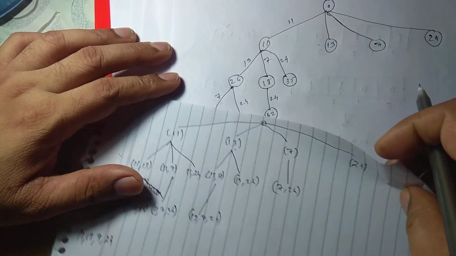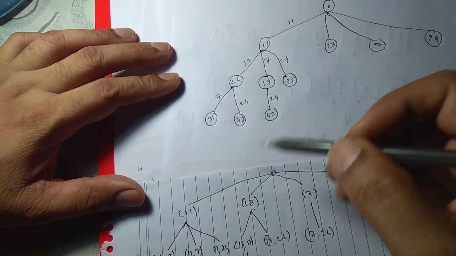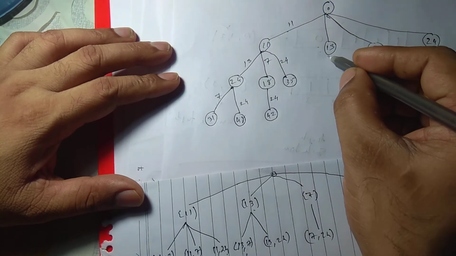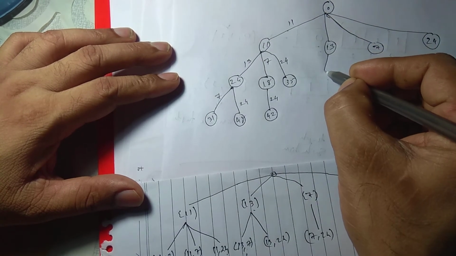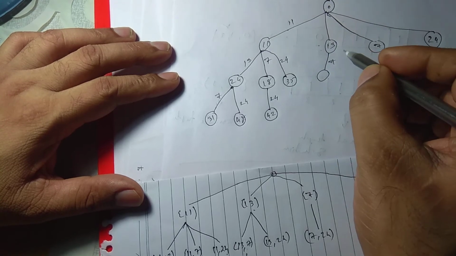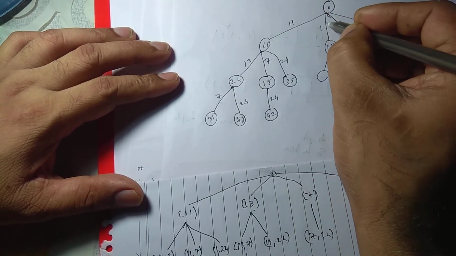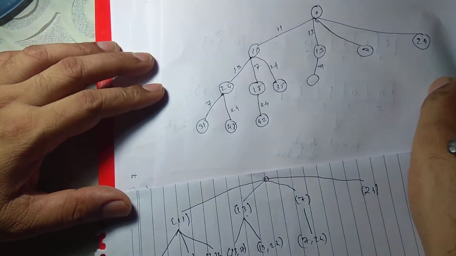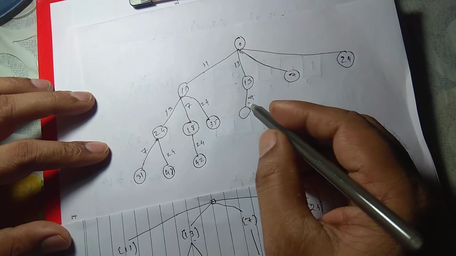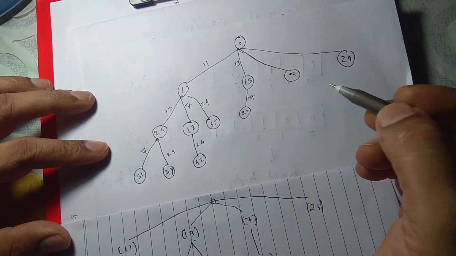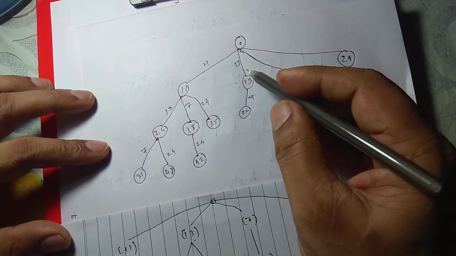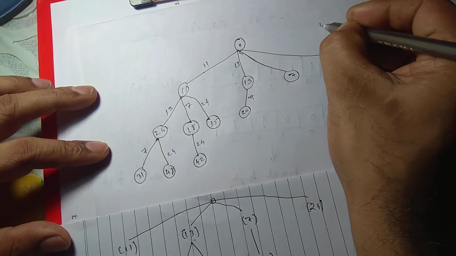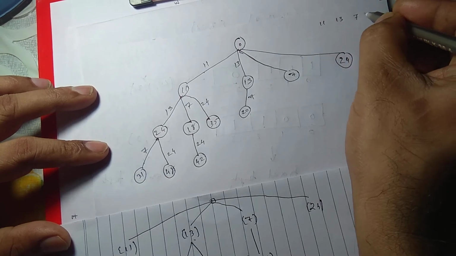Then that's over, starting with 11. Then there comes starting with 13. We are getting a node by considering 7. So we are getting this node by considering 13, that is 0 plus 13. Then 7 we are getting a sum 20. See, our array is 11, 13, 7, and 24.